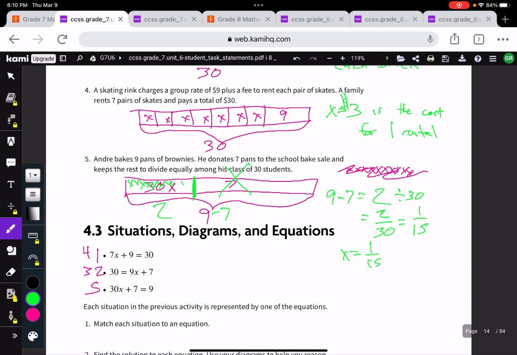That's what everyone gets, 1/15 of a pan of brownies. And we should probably write that. Each student gets 1/15 of a pan of brownie.